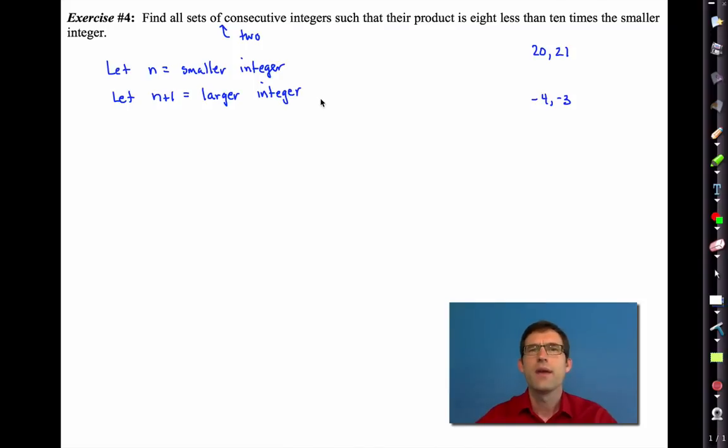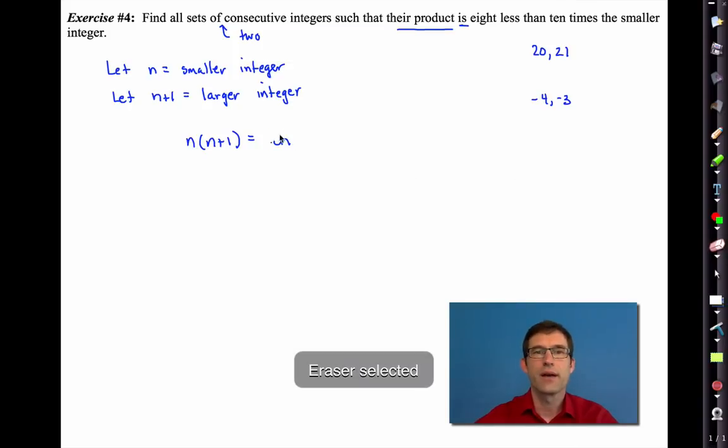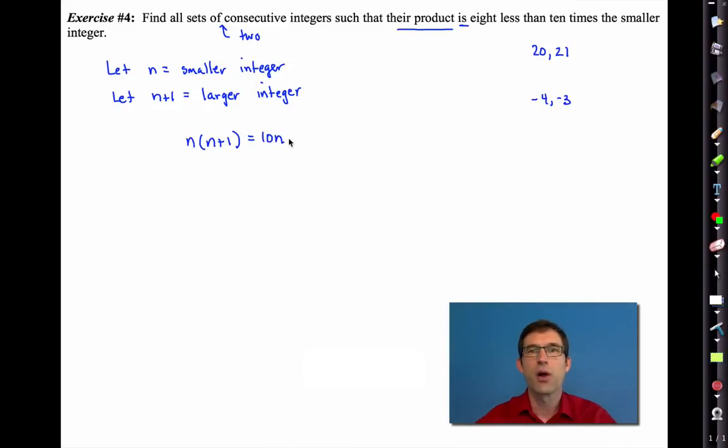Okay? Now what do we know? We know their product, which is n times n plus 1, is 8 less than 10 times the smaller integer. Well, that's 10 times the smaller. 10 times the smaller integer, and then that's 8 less than it.